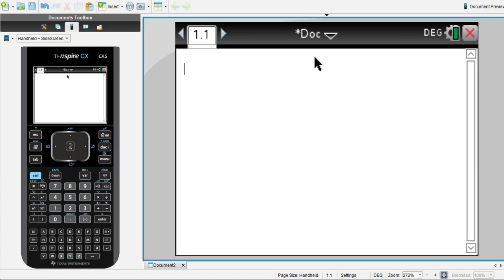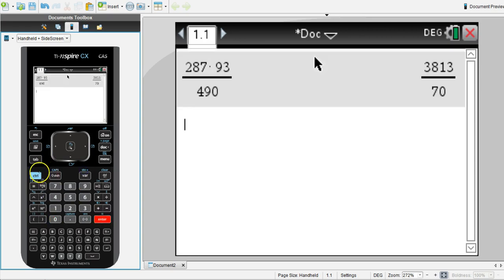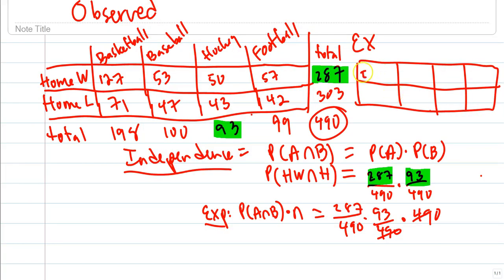We got a calculator. 287 times 93 over 490. And let's go ahead and get a decimal for that. 54.4714. That would be what we would expect. 54.47.